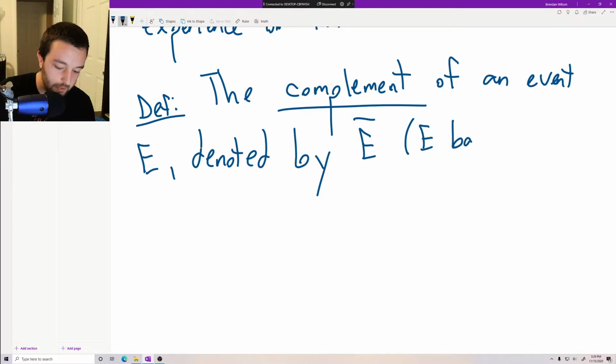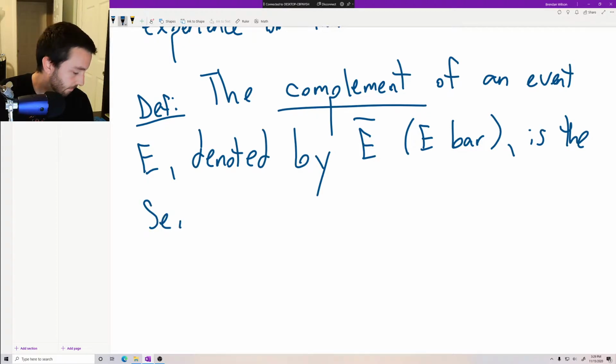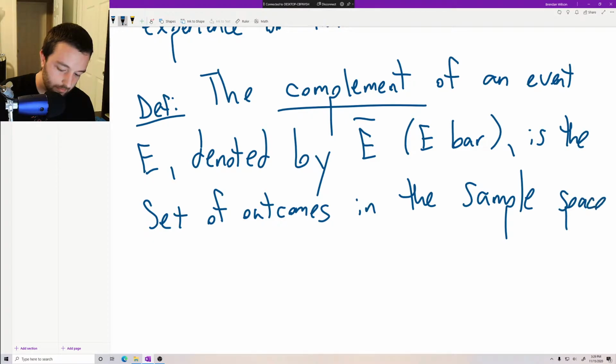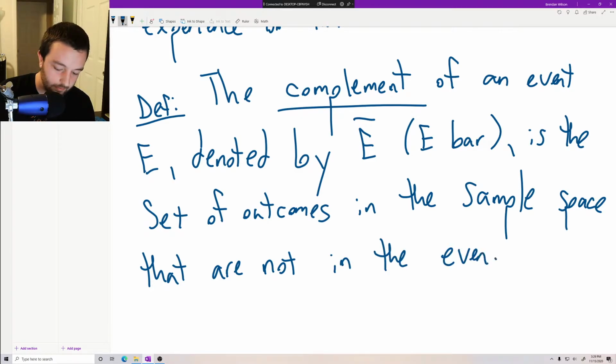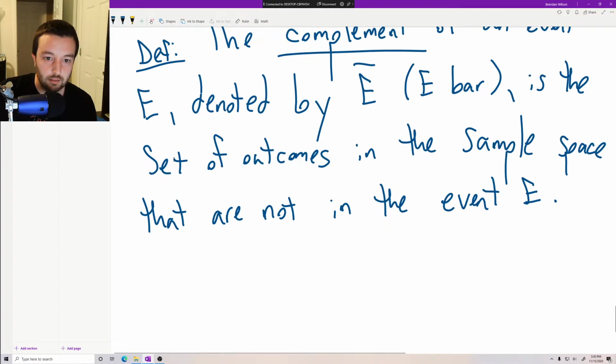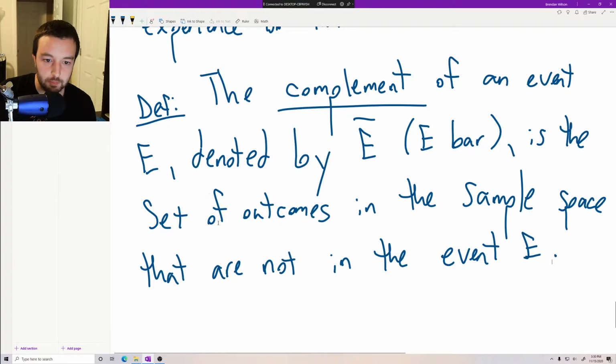E bar is the set of outcomes in the sample space that are not in the event E. Before we go on, there's a little bit more to the definition, but let's think about this part first. So the complement of an event E, which we denote by E bar, is the set of outcomes in the sample space that are not in the event E.